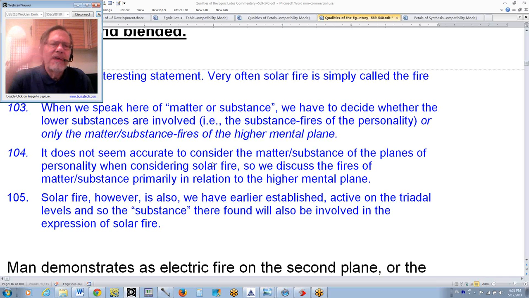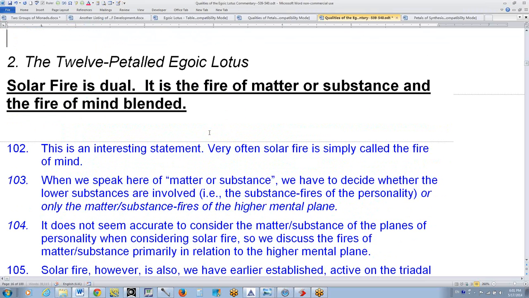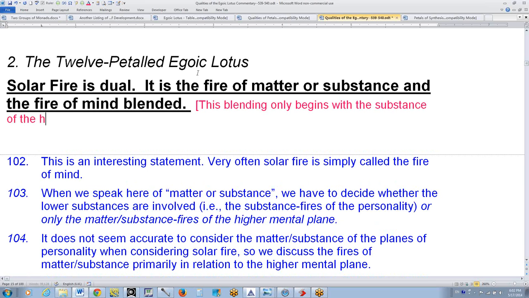We're talking about the solar fire aspect of Agni, and it seems to involve the monadic, atmic, and buddhic planes. So it is the fire of substance and the fire of mind blended. And that, I think, is a phrase which requires a lot of pondering. I would say this blending only begins with the substance of the higher mental plane.